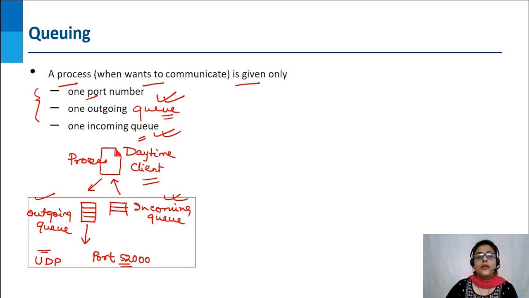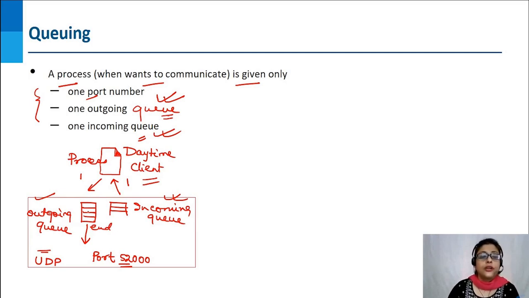Now, this client may be connected to different servers for different processes, but there is only one outgoing queue and the other one is incoming queue. If a large number of requests come in, they must be fed at the end of the queue.